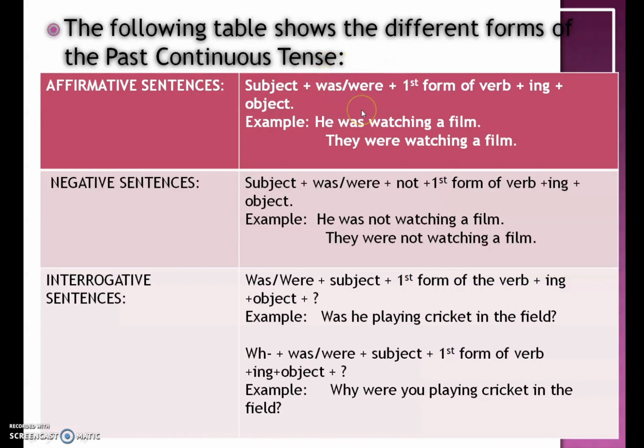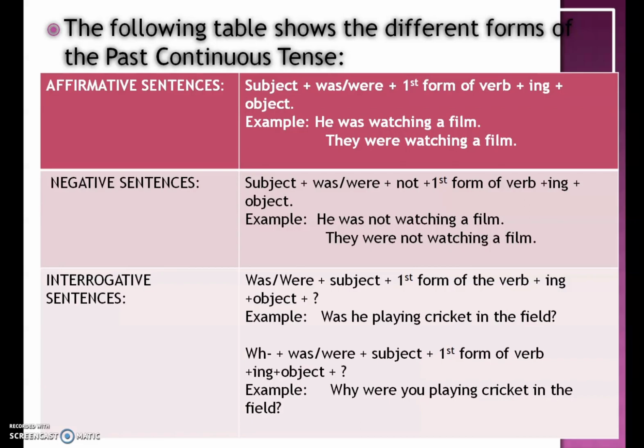We already did be verbs: is, am, are we use for present, and was, were we use for past. So whenever you see he was watching a film, that means was, you'll be alert, it's a past tense. Watch is the first form, and we have the ing. So definitely it's going to be the past continuous tense.